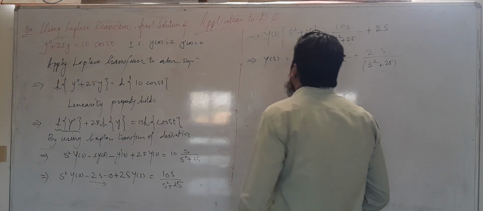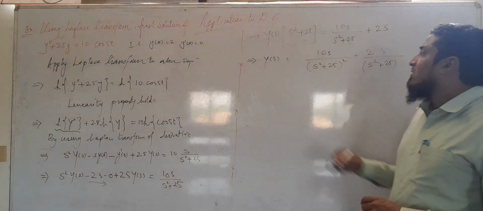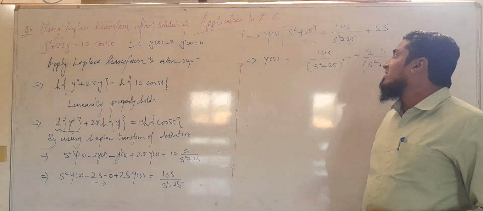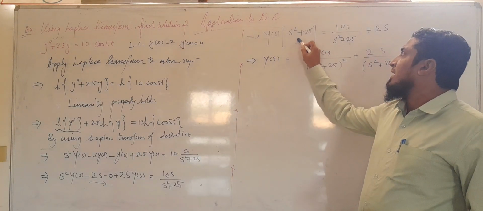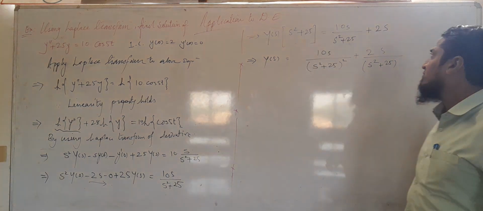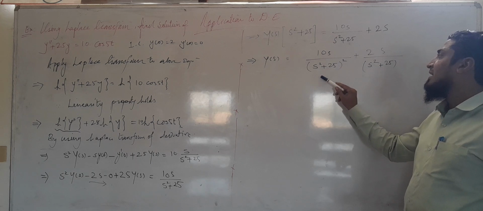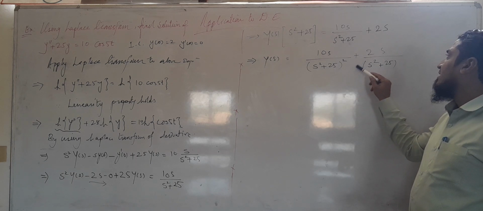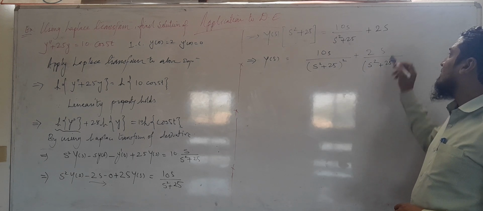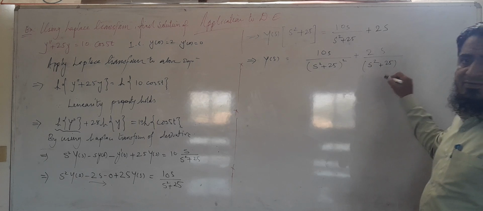Now we want only Y of s on the left hand side, so we shift s square plus 25 to the right hand side, and we get 10s upon s square plus 25 bracket square plus 2s upon s square plus 25.